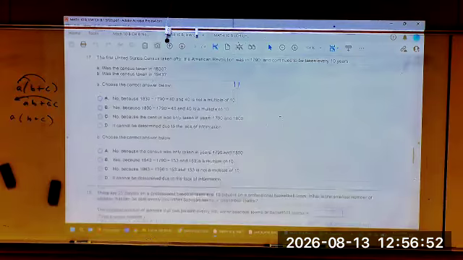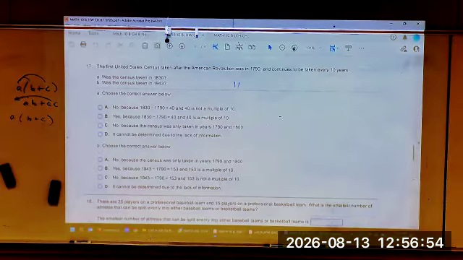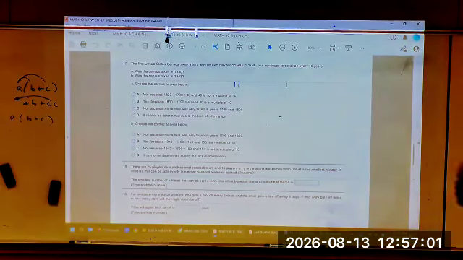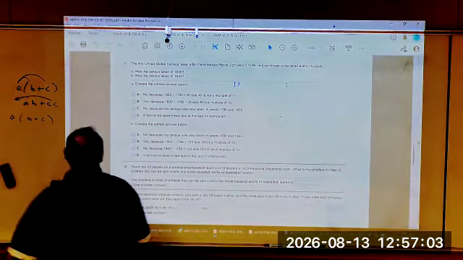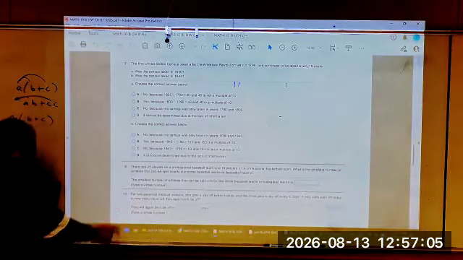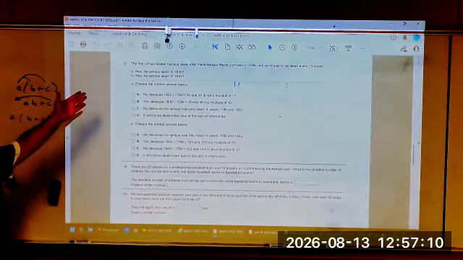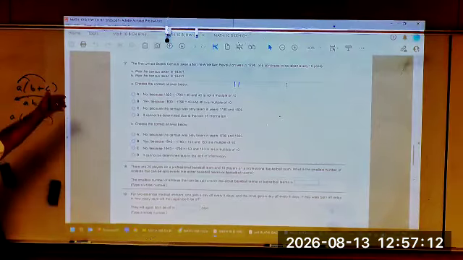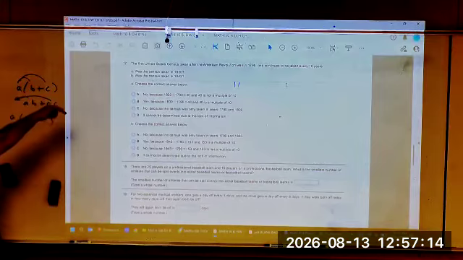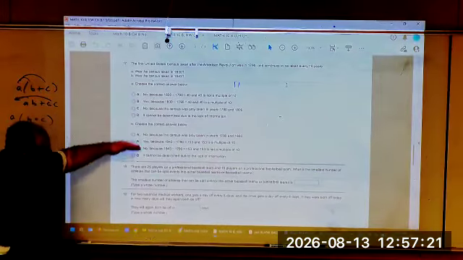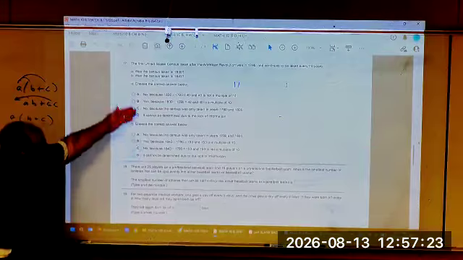Okay, let's take a look at 17, 18, 19. I know it looks forbidding. Number 17: the first United States census was taken after the revolution, and you answer these questions, choosing one correct answer.